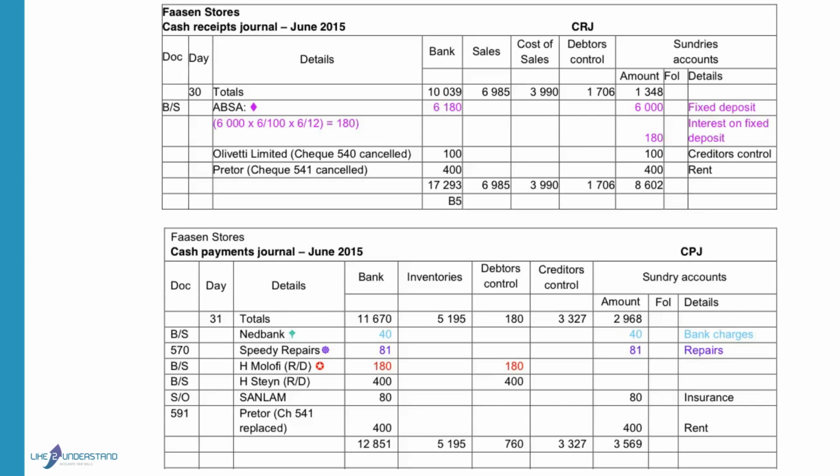In the cash receipts journal, we will start with the totals that was provided, and in the cash payments journal, we will start with the totals that was provided at the end of the month. So that's where we stopped, and now we continue from that totals.